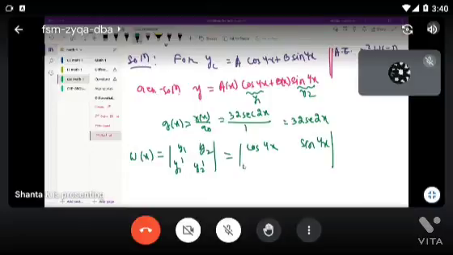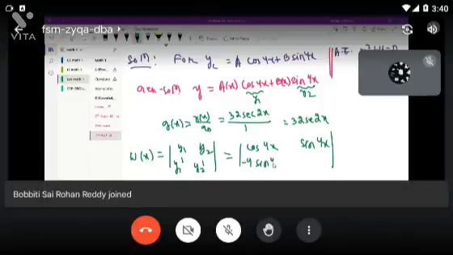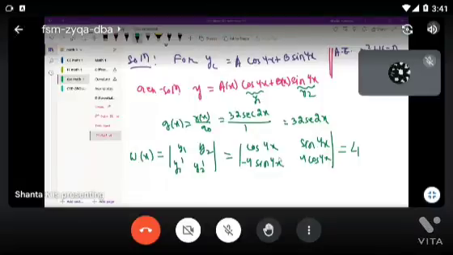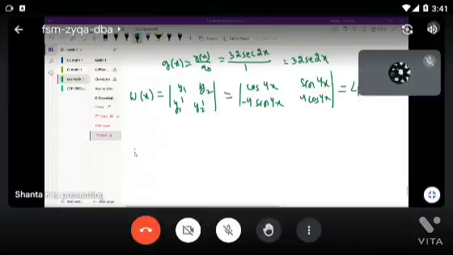Minus 4 sin 4x, and then this will be 4 cos 4x. So 4 times cos square 4x plus sin square 4x, so this is coming as 4.